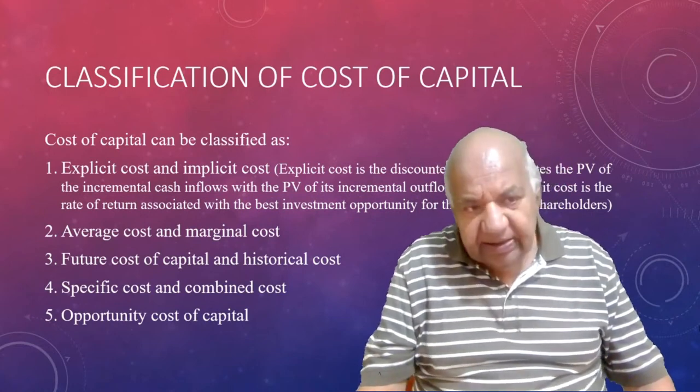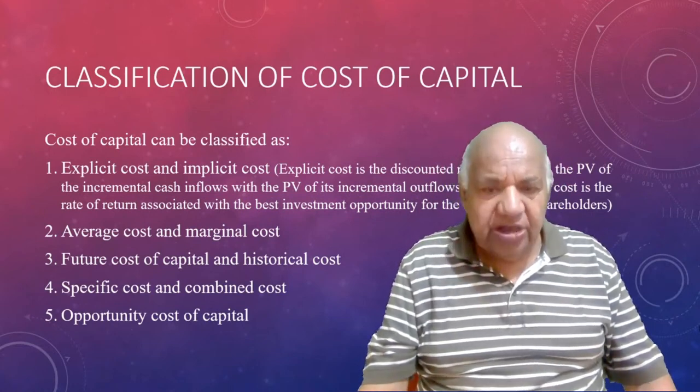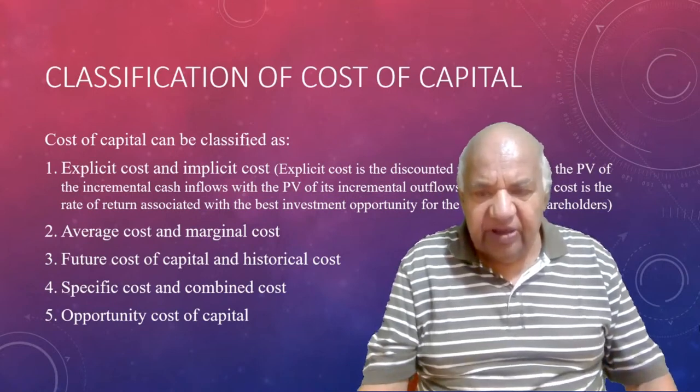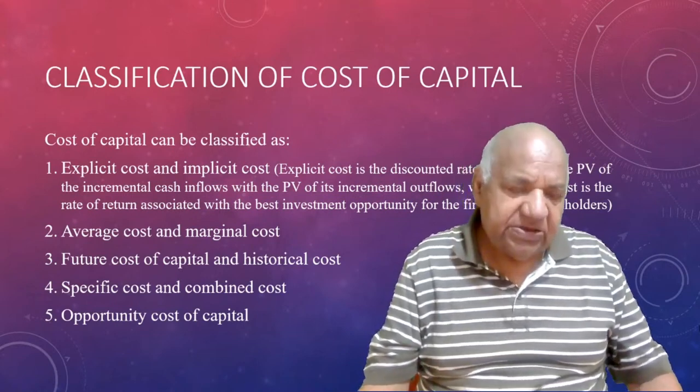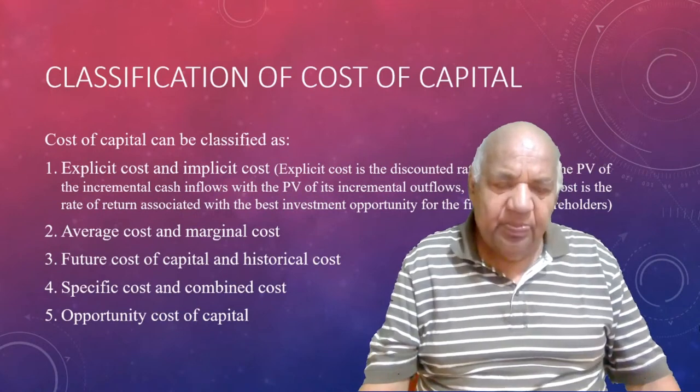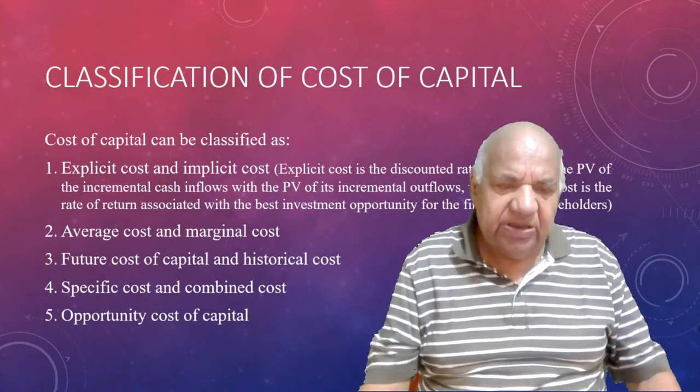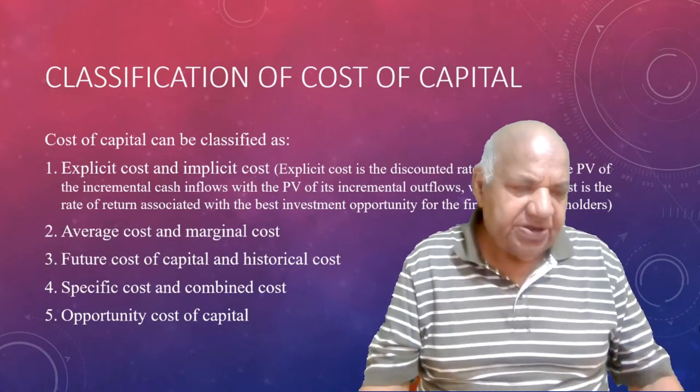You may say that explicit cost is concerned with the raising of funds, while implicit cost is concerned with the utilization of funds.